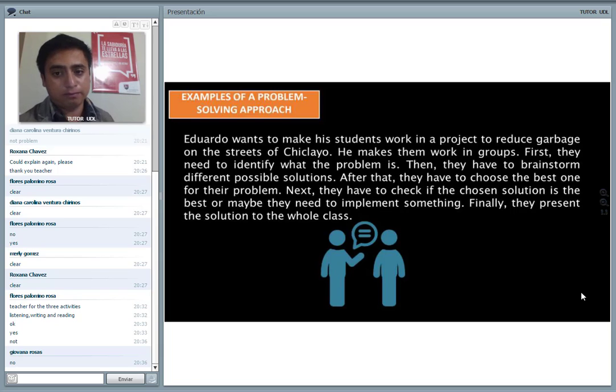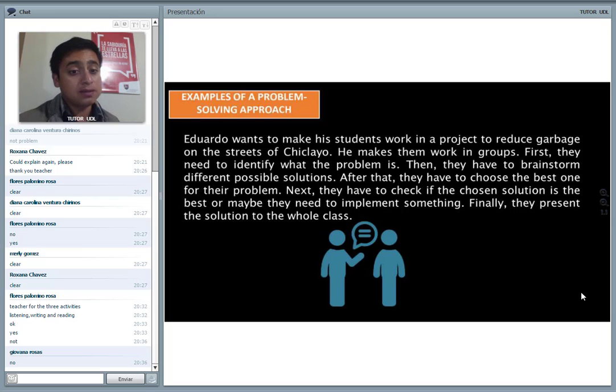In this case, a lot of garbage in Chiclayo. Then you make students work in groups. First, the students need to identify what the problem is. In this case, the garbage on the streets of Chiclayo. That's the problem.